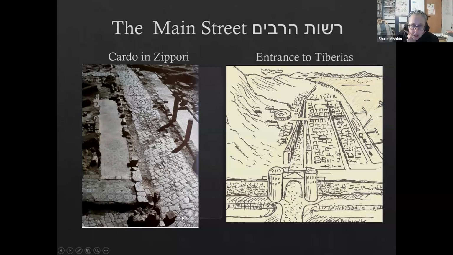A mavoi mefulash. But we also have this idea that Rashi brings, it's actually not in the Gemara, that a Reshut HaRabim has to be of a certain width, that we do have in the Gemara, 16 amot width, but that it has to be traversed by 600,000 people every day. Why 600,000?